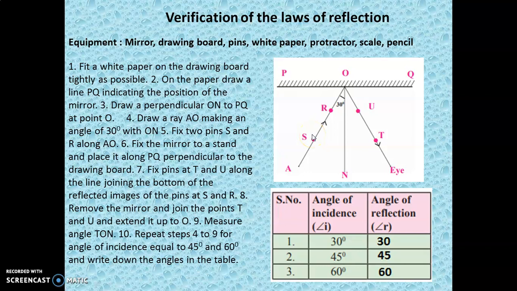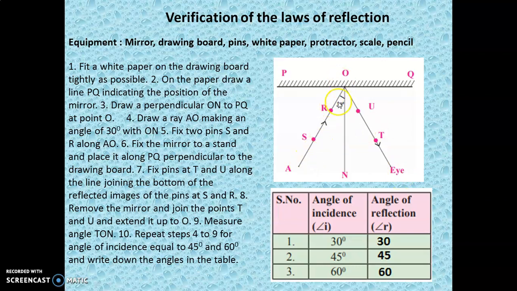Then we fix a mirror on the stand, and when we do, we can see the reflection of the pins, like how you saw the reflection of the comb in the mirror. In the same way you will see the reflection of the pins at the positions U and T, and then you draw one more line that represents the reflected ray.